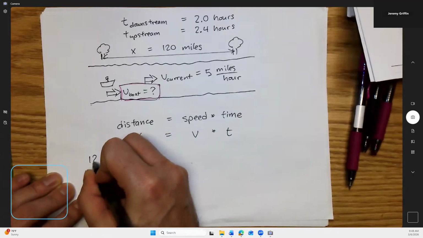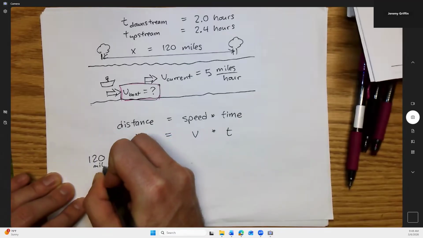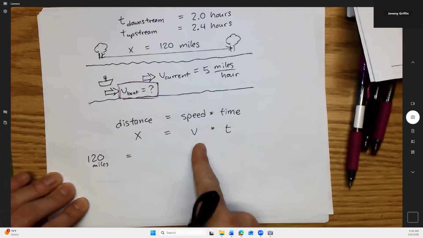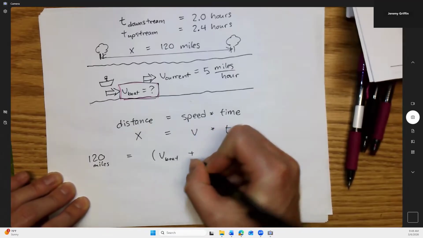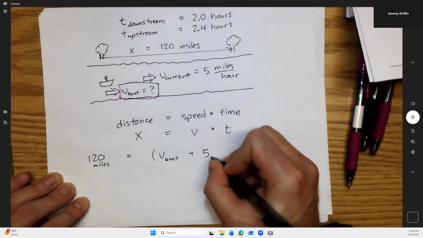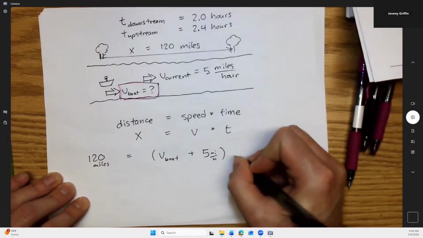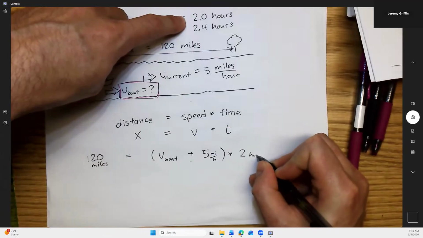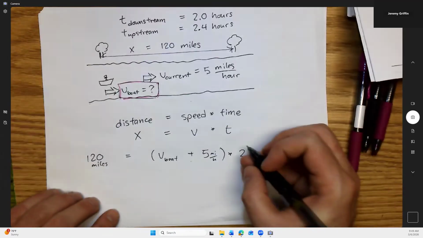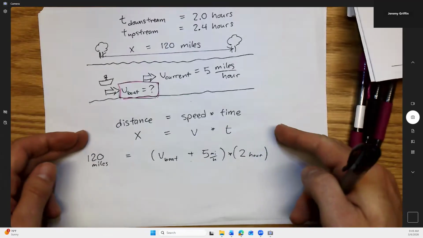So the distance downstream could be 120, that's miles, is equal to the speed, which could be the speed of the boat, which we're solving for, plus the speed of the current, which I know is 5 miles per hour. Right? And it takes some amount of time. Actually, I know how much time: 2 hours. There's different variations on this, right? But I'll start with this framework, this setup.